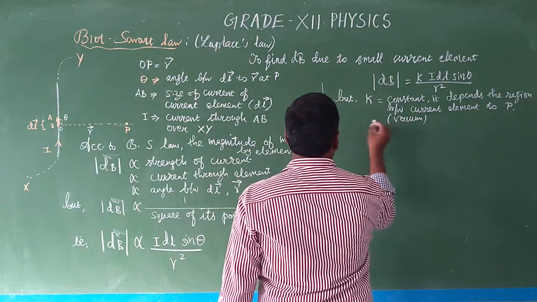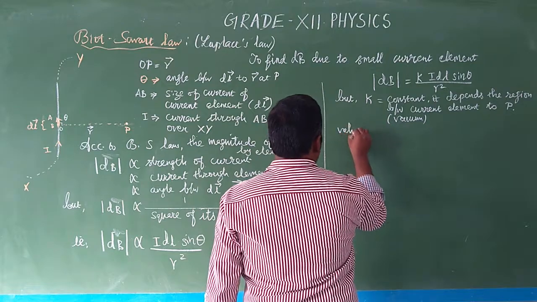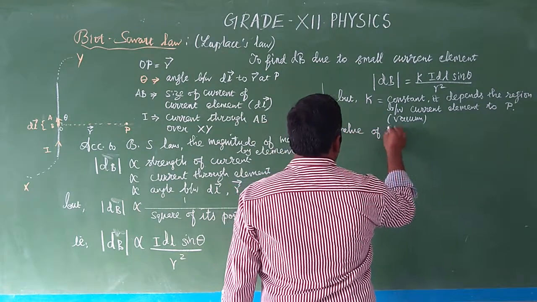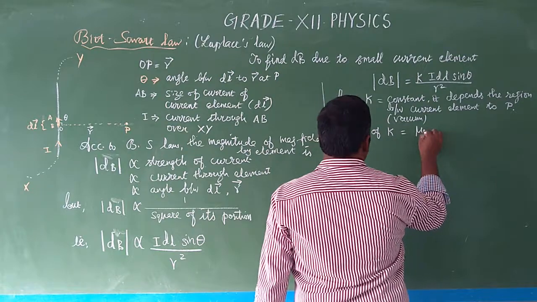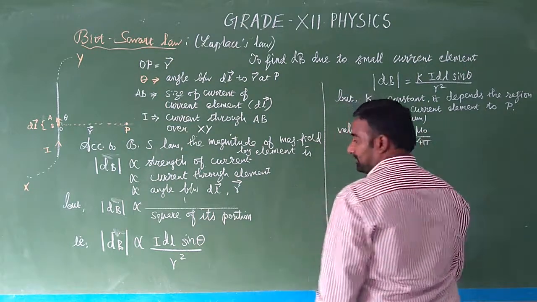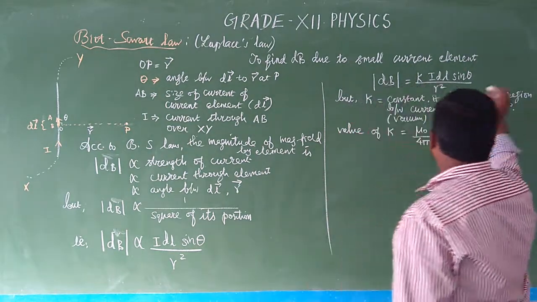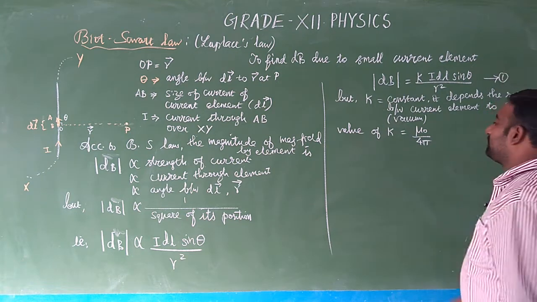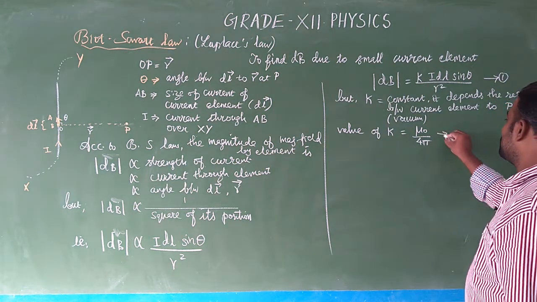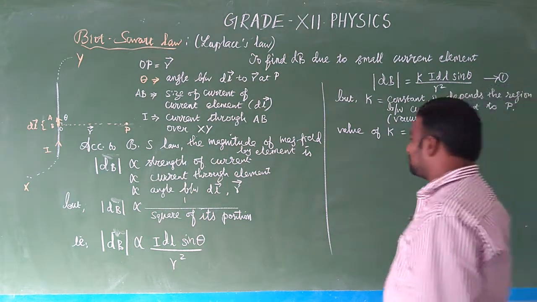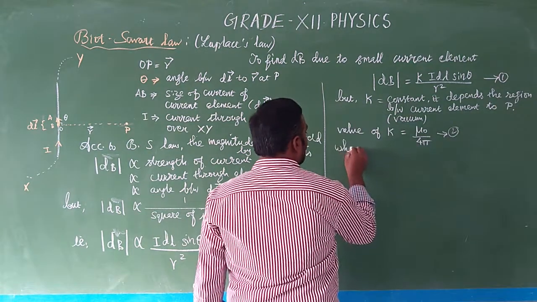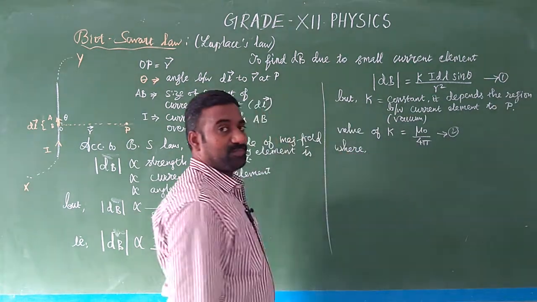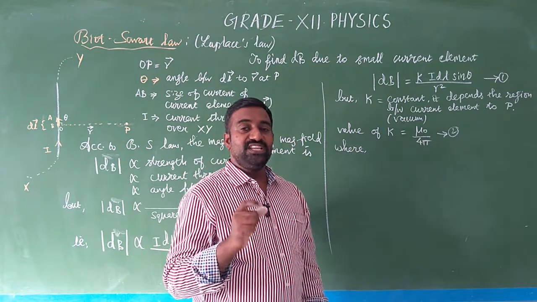So the value of K, already they found, is equal to mu naught by 4 pi. This is equation number 1. The value of K is mu naught by 4 pi. This is 2. What is mu naught? நம்ம first chapter ல epsilon naught பார்த்திருக்கோம். What is epsilon naught? Permittivity of free space.